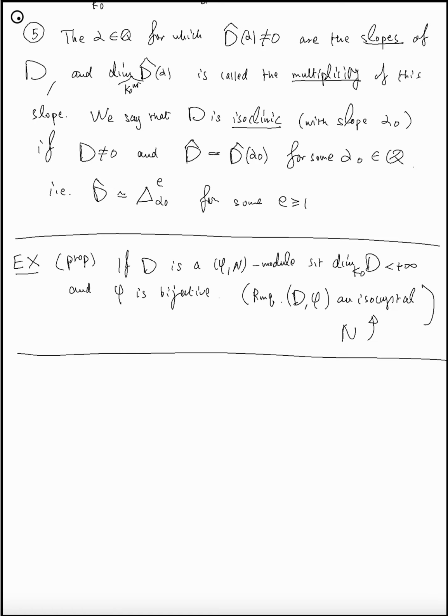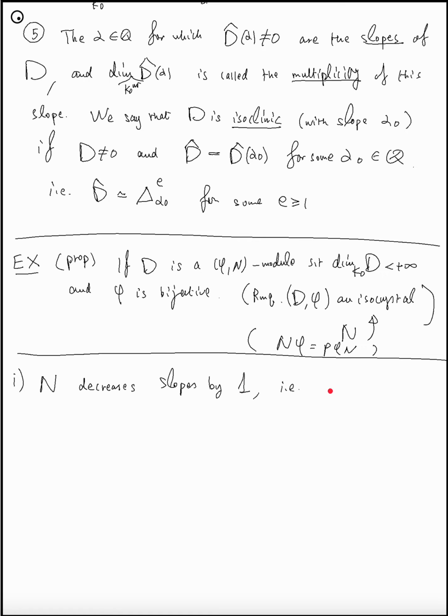Of course, it has to satisfy certain axioms: N phi equals p phi N. So first, prove this monodromy decreases slopes by 1.